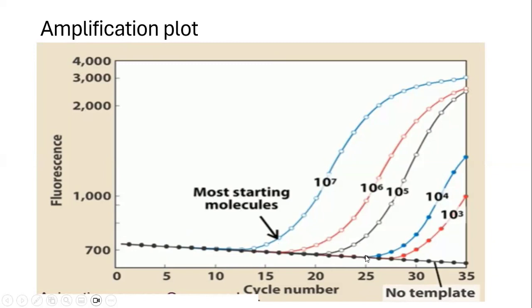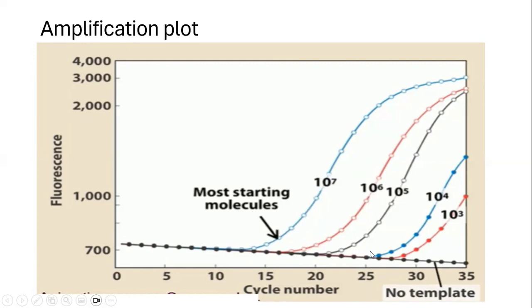So why this difference? The difference is because of the starting cell number. If the starting cell number is high, then a particular level of fluorescence is reached in fewer cycles, while if the starting number is less, then more cycles are going to be required by that sample to reach that fluorescence signal.